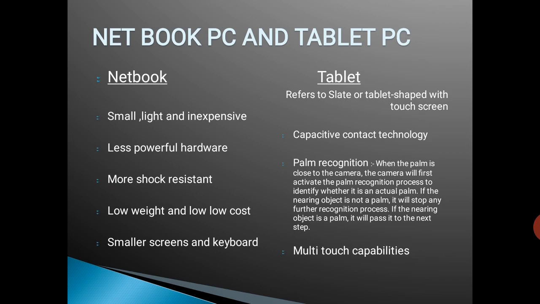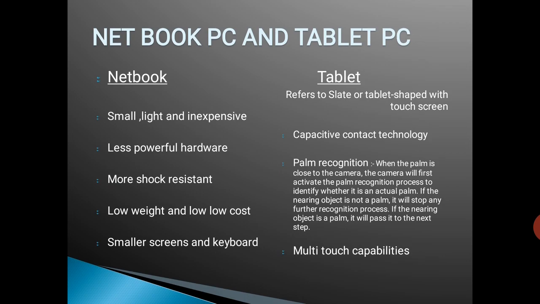What is palm recognition? When the palm is close to the camera, it will first activate the palm recognition process to identify whether it is an actual palm. If the nearing object is not a palm, it will stop any further recognition process. If the nearing object is a palm, it will pass to the next step.